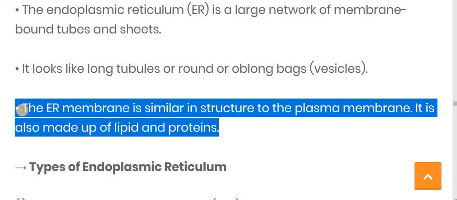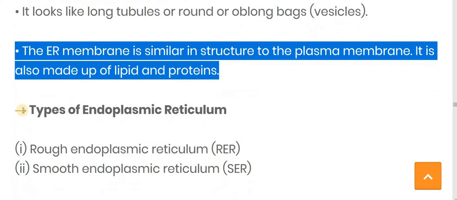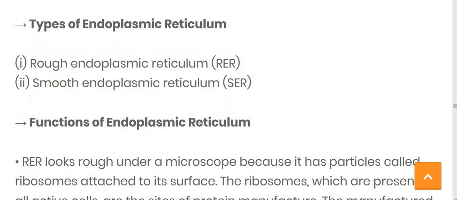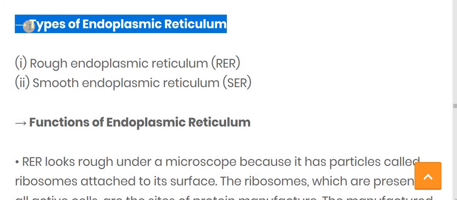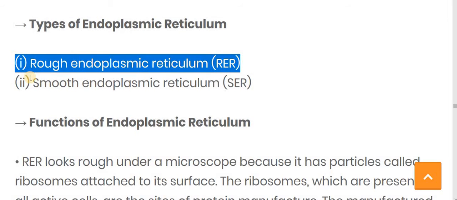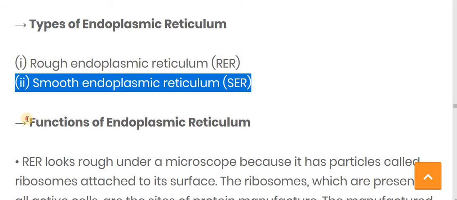The ER membrane is similar in structure to the plasma membrane because it is made up of lipid and protein, just like the plasma membrane. According to surface, it is divided into two types: rough endoplasmic reticulum and smooth endoplasmic reticulum.